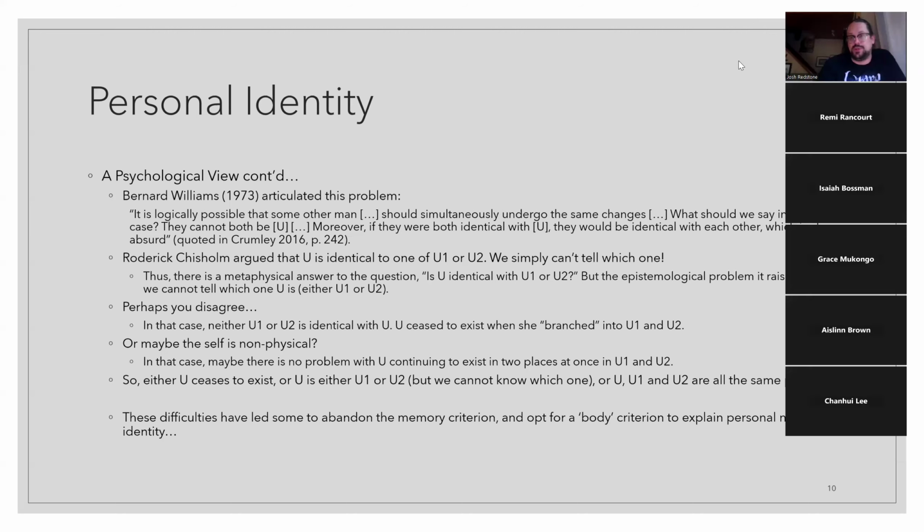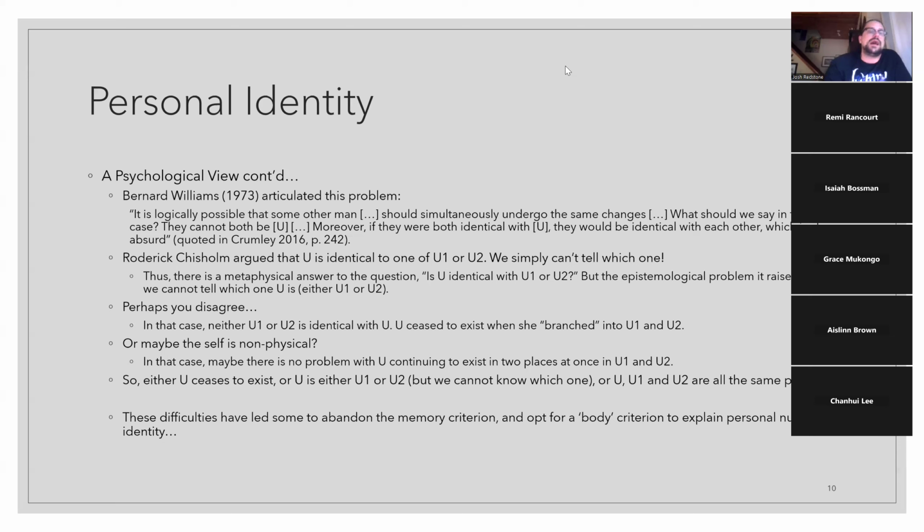So if I have one individual who we call you, and I duplicate that individual, like the scenario Crumley is describing, let's pretend it's me. I'm going to upload my mind to a computer for some reason. So the scientist is going to scan my brain and make some kind of copy of me, of my memories. But the procedure is risky, so he makes two copies of me.